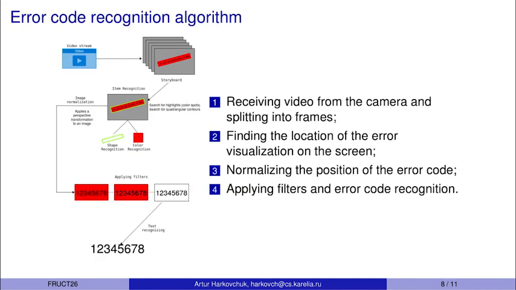The figure shows an algorithm for error recognition on the machine screen, where a video from the camera is divided into frames and each frame is analyzed. There is an area in which the CNC system publishes the last current error. Image conversion is applied to this area to standardize the image for future text recognition.